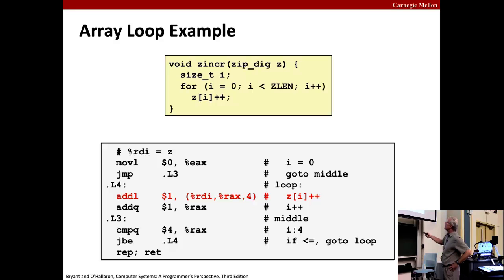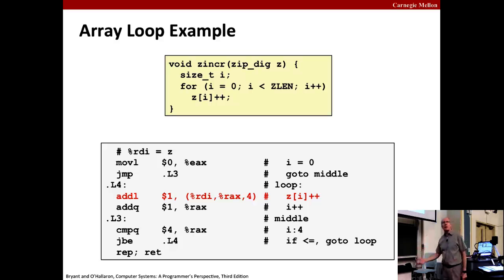Here's the line of code that does all the real work. Again, it's taking the ith element, which I is in RAX, scaling it by 4, adding it to the base of the array, and that gives us an address. And now remember, you can have an arithmetic instruction where the second operand, the destination, is a memory reference.